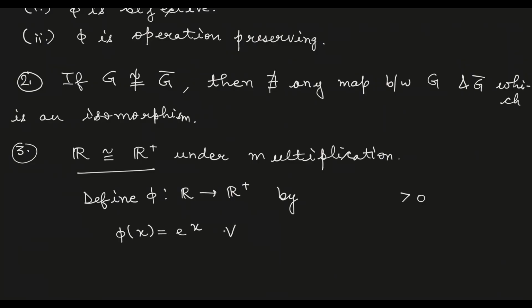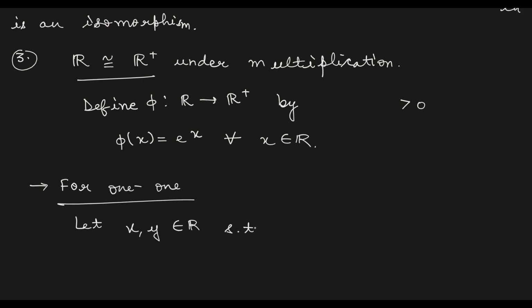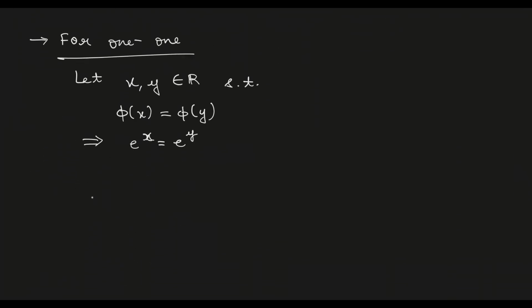e to the power x for all x belongs to real numbers. So if I check one-one, let x, y belong to real numbers such that phi(x) = phi(y). This implies e to the power x equals e to the power y. This implies e to the power x minus e to the power y is equal to 0.